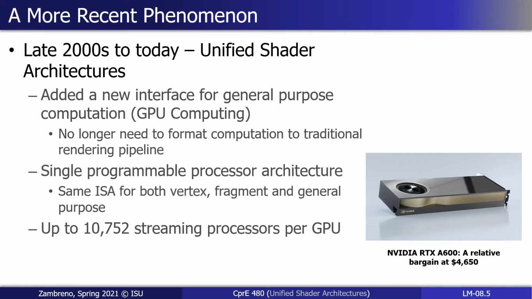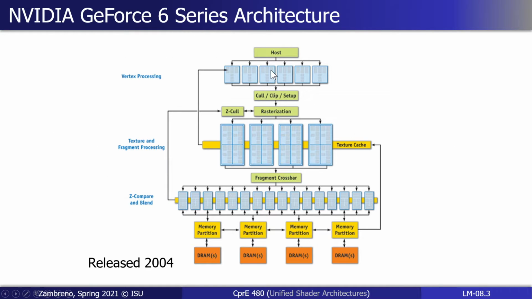Vertex and fragment shading, the math required by each, and the expressiveness we needed in the language to program each, were so much of an overlap that it seemed worthwhile to have a general pool of these cores and to do much more thread management, versus the previous architecture in which the thread management was much more statically allocated.